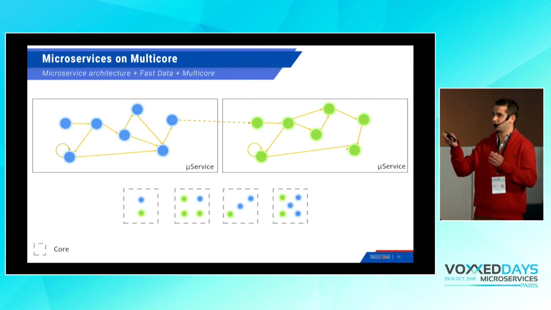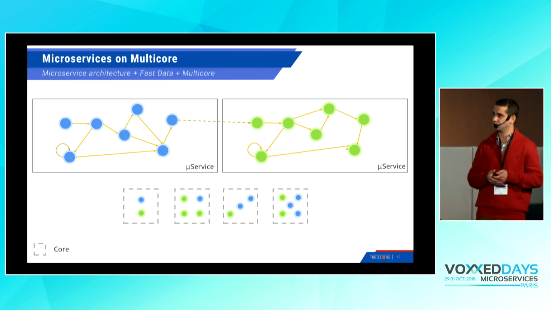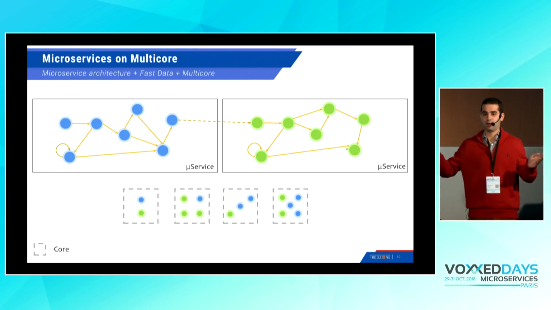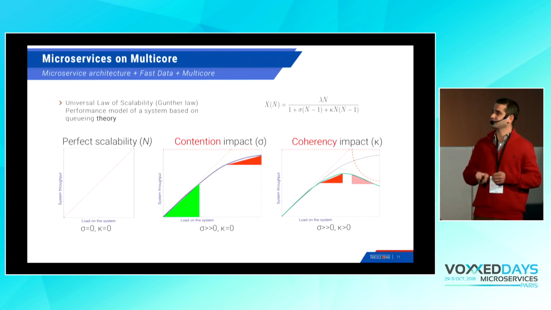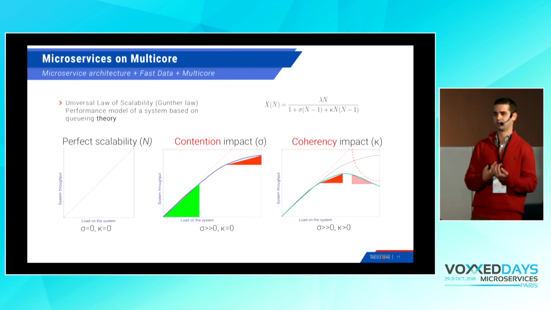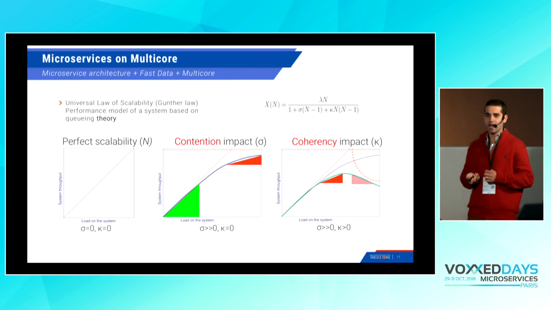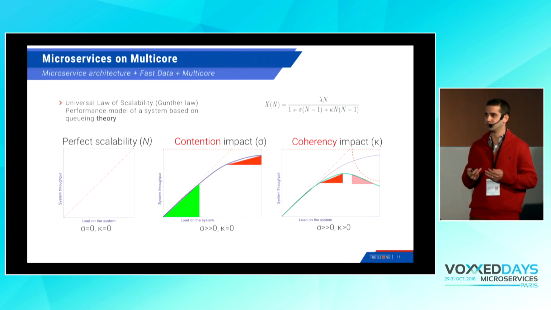So if our runtime does not handle these issues, we will have non-deterministic behavior of the performance. So when we have more actors sharing the same physical resources, and we expect perfect scalability of our performance, in reality, this is not true. We don't have perfect scalability, and the reason is given by what we call Gunther's law.